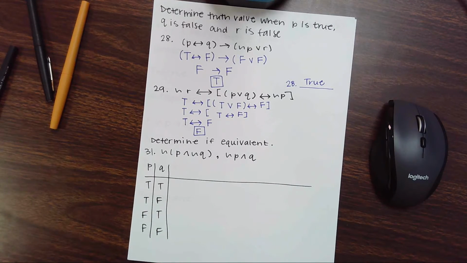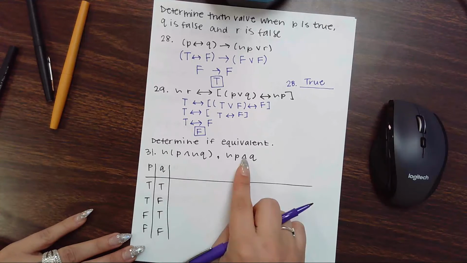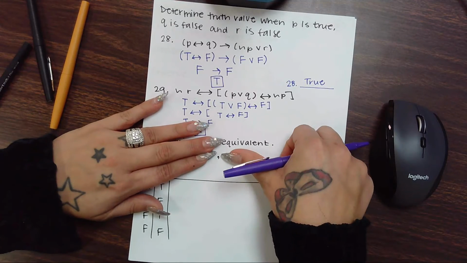For the next chunk of problems that we do, it's for the problems 31 through 34. It tells you to just see if statements are equivalent. And so these are the two statements that I have that are equivalent. They're being divided by a comma.